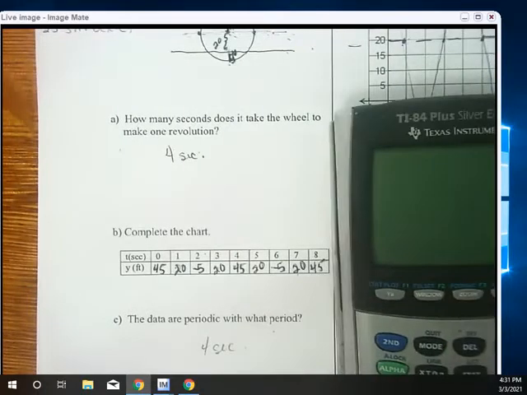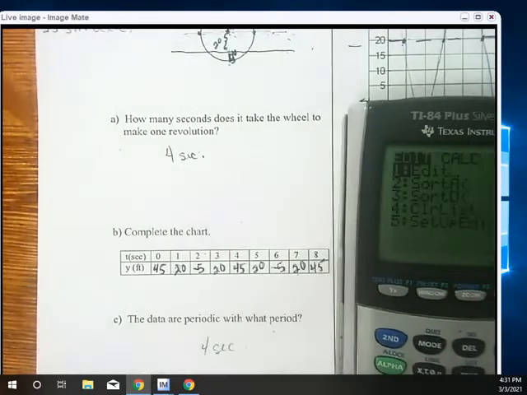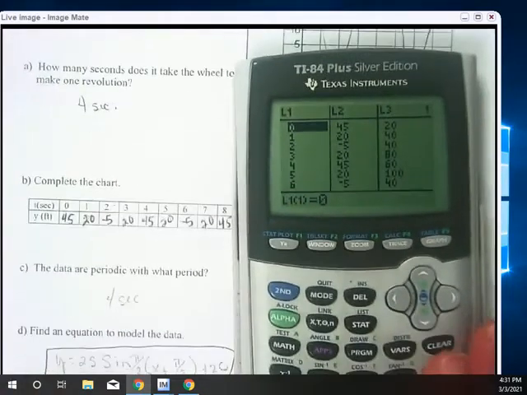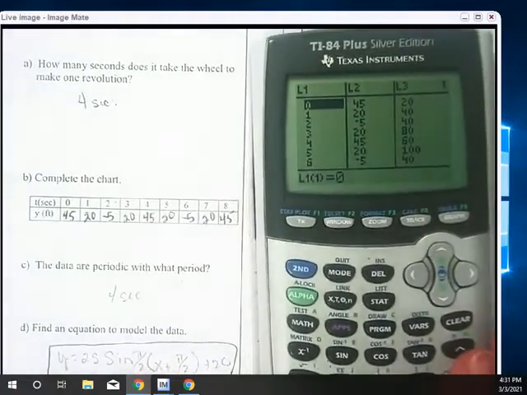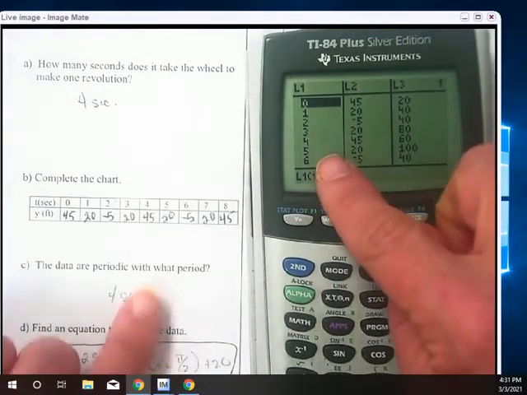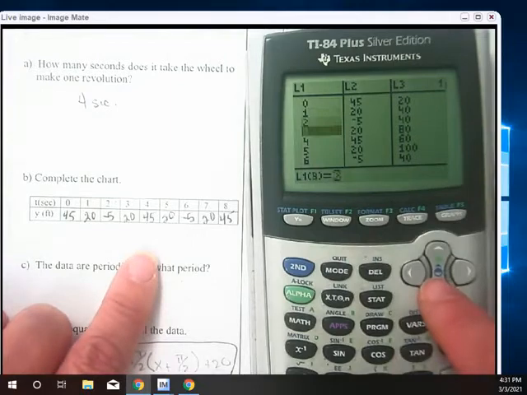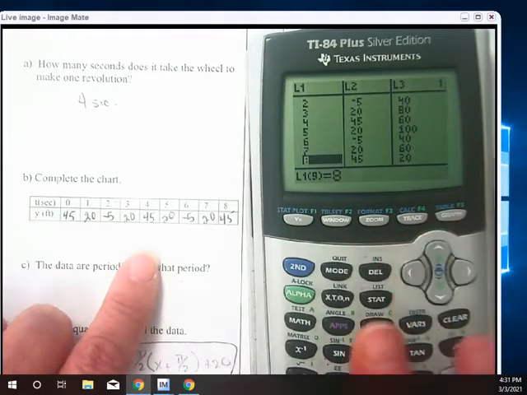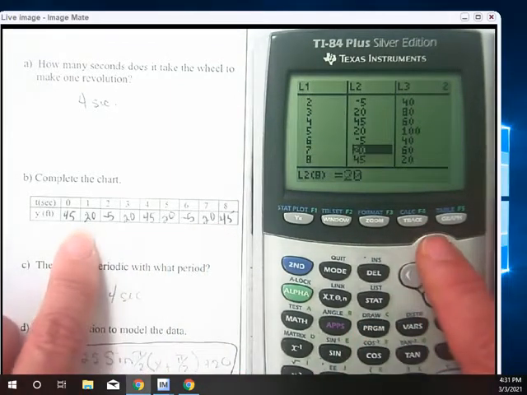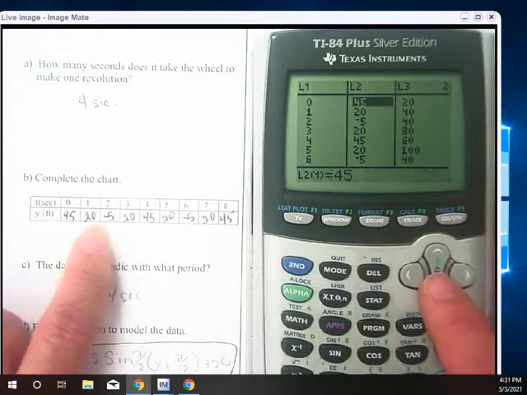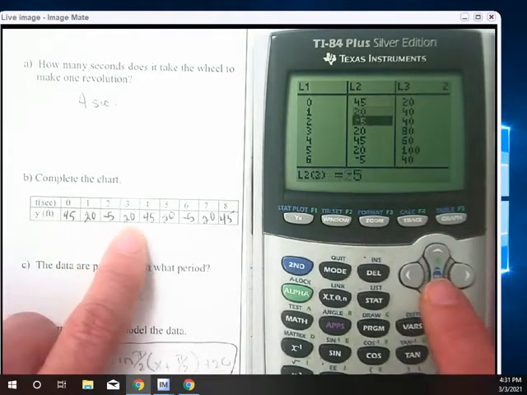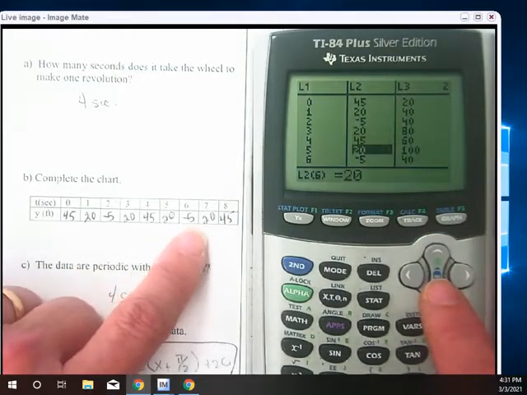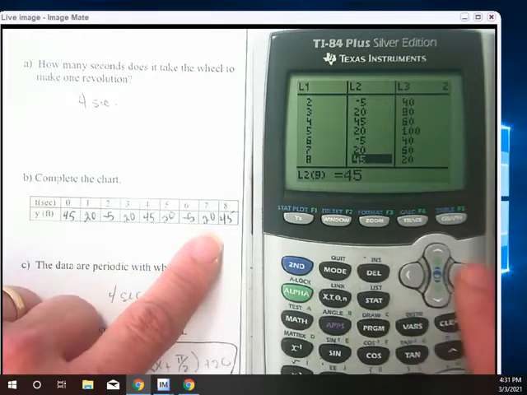Now, taking the TI-84 calculator, if I edit my list 1 and my list 2, I'm going to put the values for my time in list 1: 0, 1, 2, 3, 4, 5, 6, 7, and 8. And then I need to put these values of height in list 2: 45, 20, negative 5, 20, 45, 20, negative 5, 20, and 45.